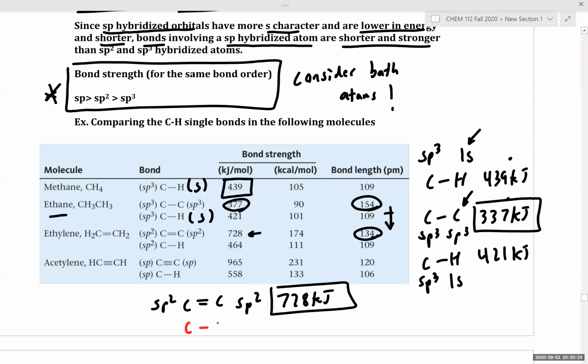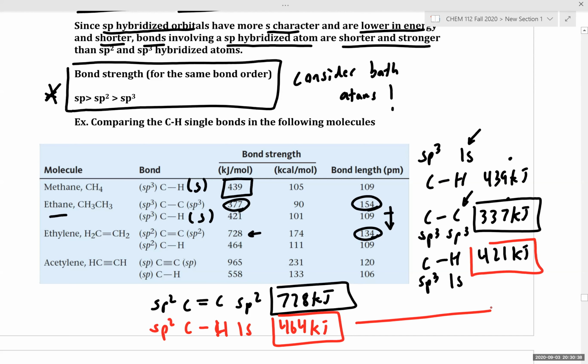Now this is the next part that I want us to consider. When we look at the carbon-hydrogen bond for an sp2 carbon, we notice its bond enthalpy is 464 kilojoules. If we compare that to our carbon-hydrogen bond for our sp3 hybridized carbon, is our bond enthalpy greater or less for an sp2 carbon?